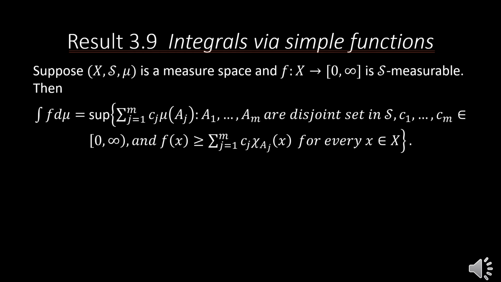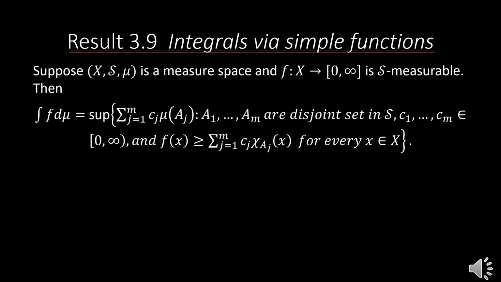This is one of the most complicated looking results in the entire section. We defined the integral of f with respect to the measure by first fixing A1 through Am, which are disjoint sets in the sigma algebra, and finding C1 through Cm such that they are non-negative real values, and that f of x is greater than the simple function defined by these scaling factors.